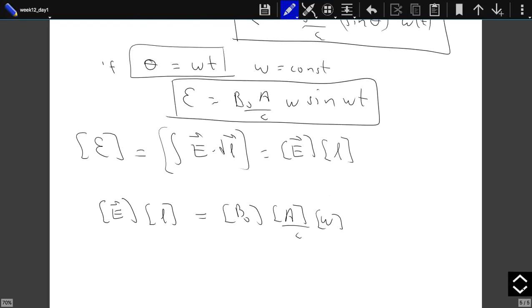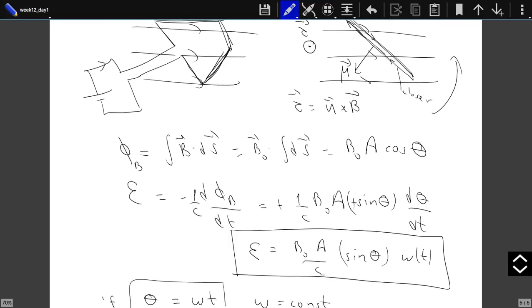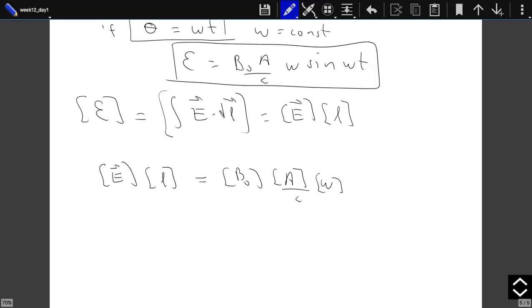Okay. Now, what is the unit of B0? Now, B0 and E have the same unit. So, unit of length should be equal to unit of area divided by unit of C times unit of omega.